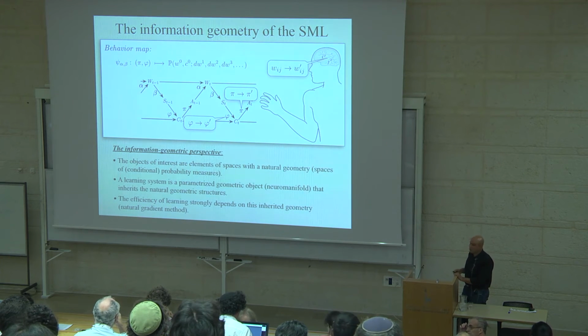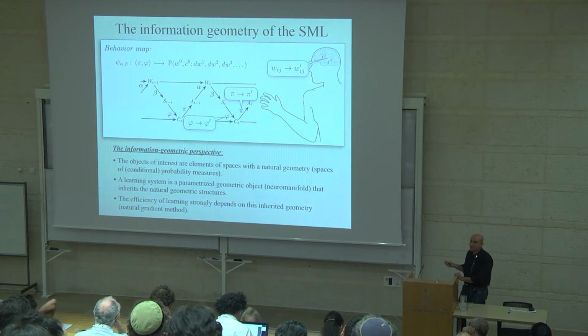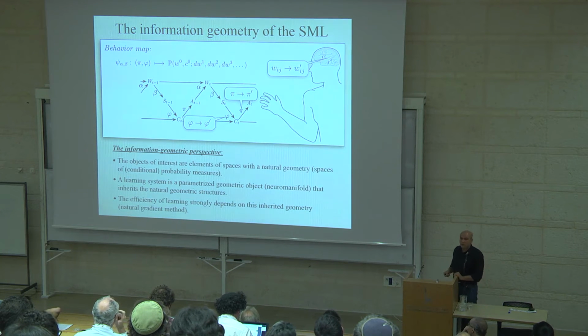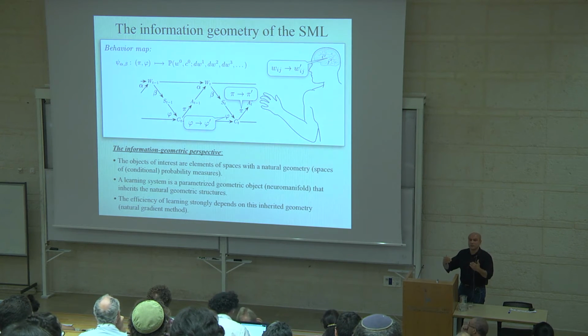The main point of information geometry is that the spaces of mechanisms, the conditional probability distributions, carry a natural geometric structure, and this can be inherited by the geometric object generated by these parameters. This leads in particular to the natural gradient method, where you have the Fisher metric defined in the space of all policies, and then you restrict it to the submanifold.